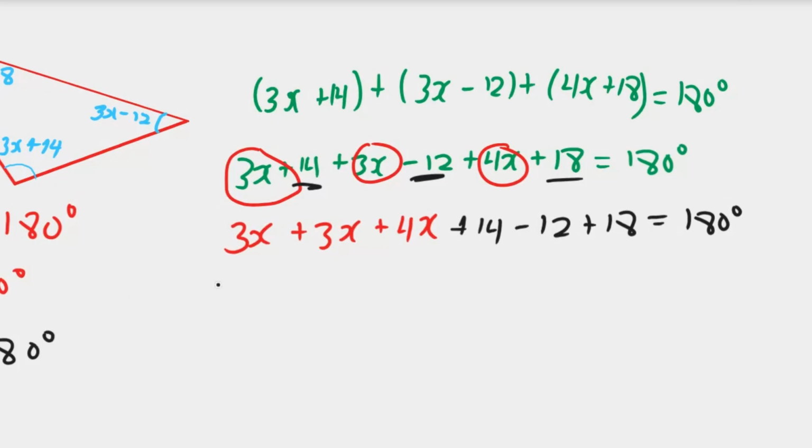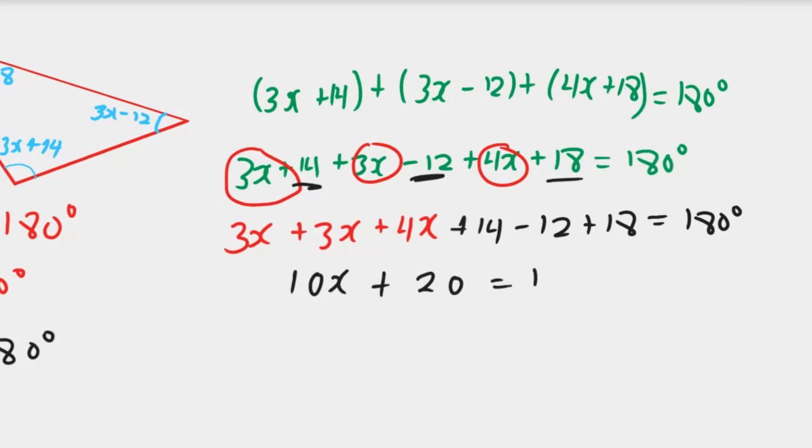So let's simplify these. 3x plus 3x, that's going to be 6x plus 4x. So we have 10x in this case. So we have 10x here. Let's come to this one. 14 minus 12 is going to be 2. And 2 plus 18 is going to be plus 20.